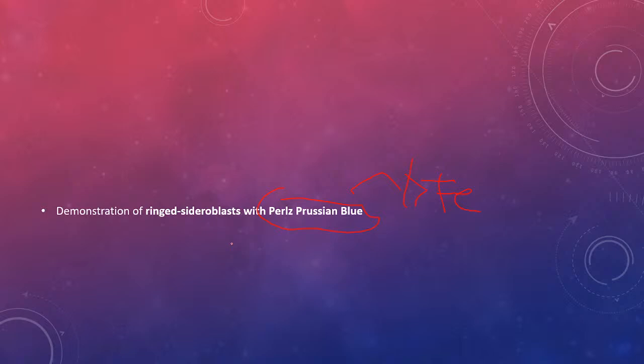It can be used in the blood film, the bone marrow, or histological sections. So that's the use of your Pearl's Prussian blue.